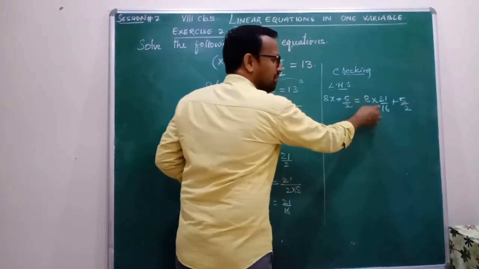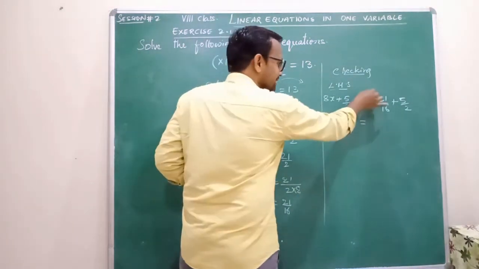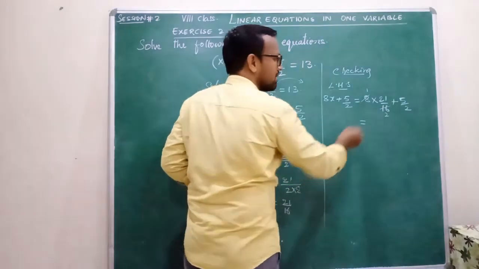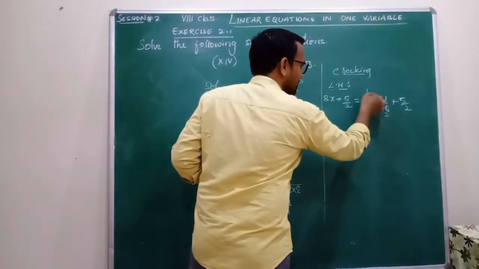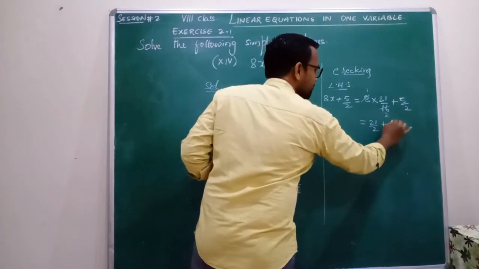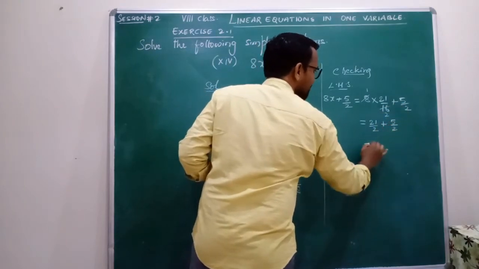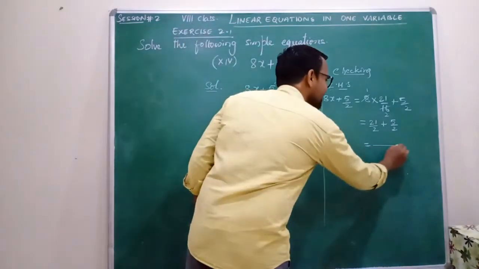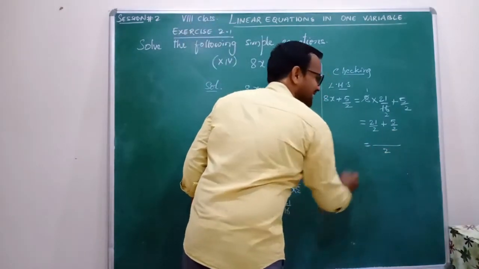Great. Now, can we simplify here? Yes. 8 ones are 8, 8 twos are 16, and 21 ones are 21, so we get 21/2 + 5/2. Children, addition of similar fractions is pretty easy. 2 is the LCM.